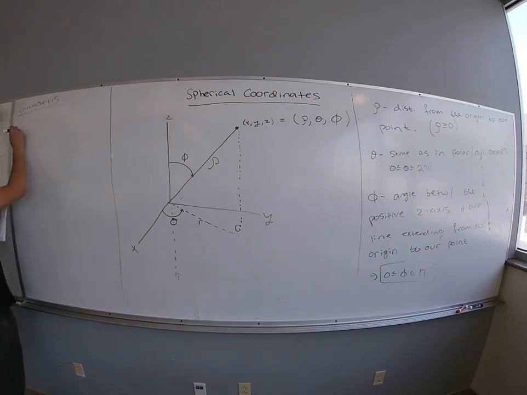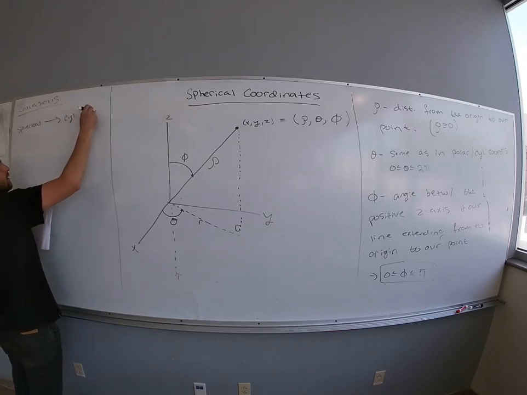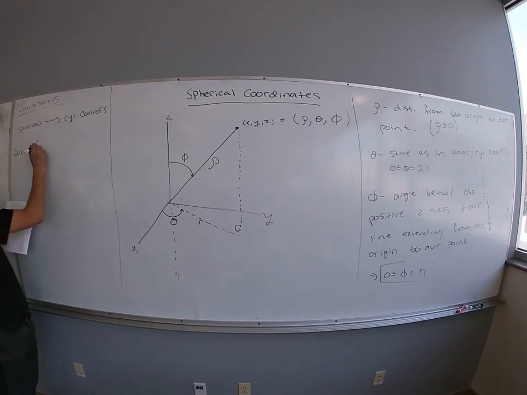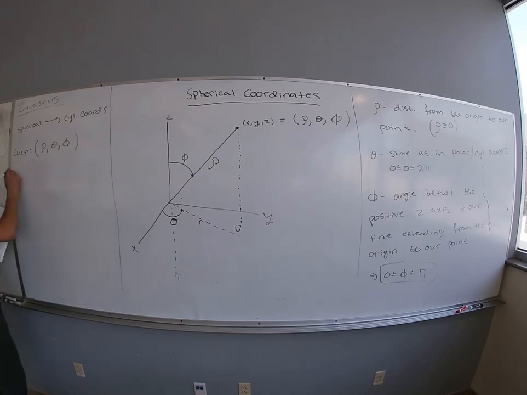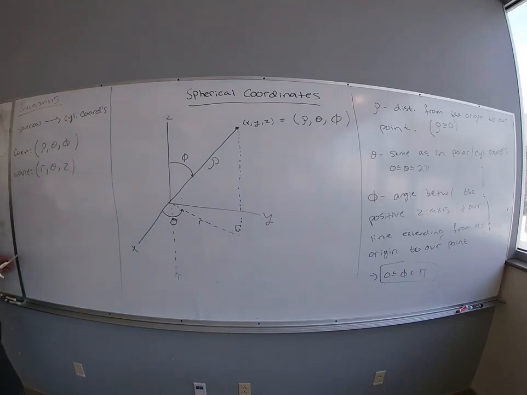Let's go from spherical coordinates over to cylindrical coordinates, which we talked about last time. Okay? So say that we're given rho, theta, phi, and we want R, theta, z. That's my cylindrical coordinates, right?